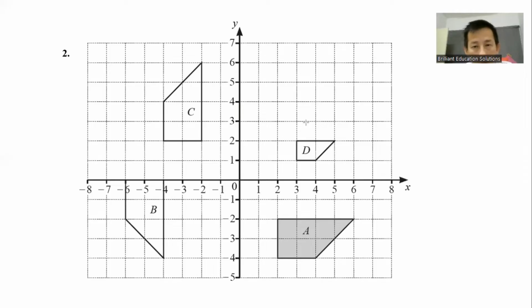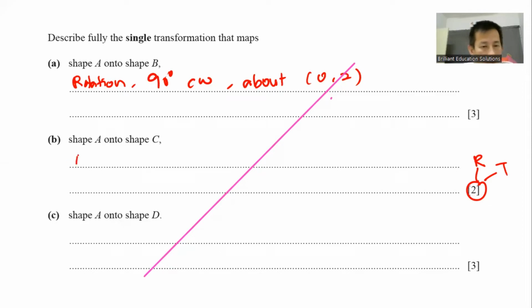It should be around here. This line is y equals x. So it'll be reflection in the line y equals x.